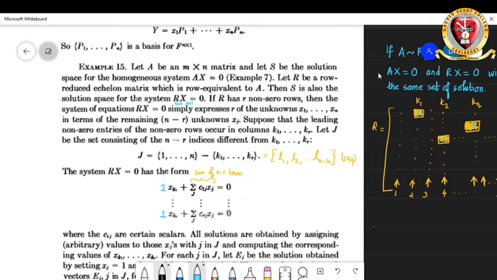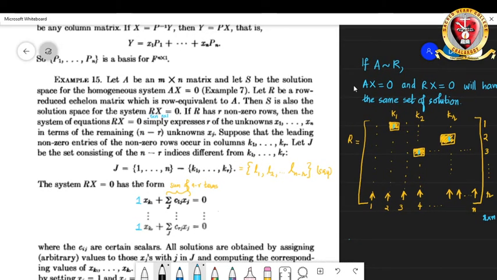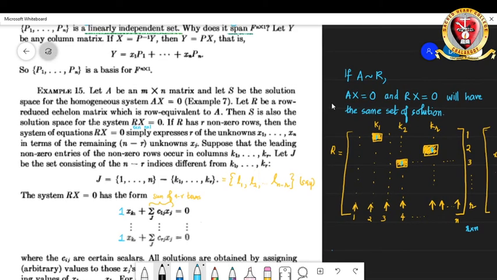Then if R is the row reduced echelon form of this A, we know that Ax equal to 0 and Rx equal to 0 will have the same set of solutions. That's how we usually proceed when dealing with systems of equations, right?